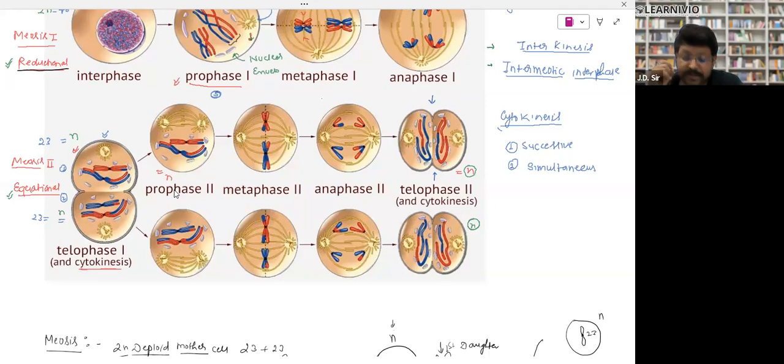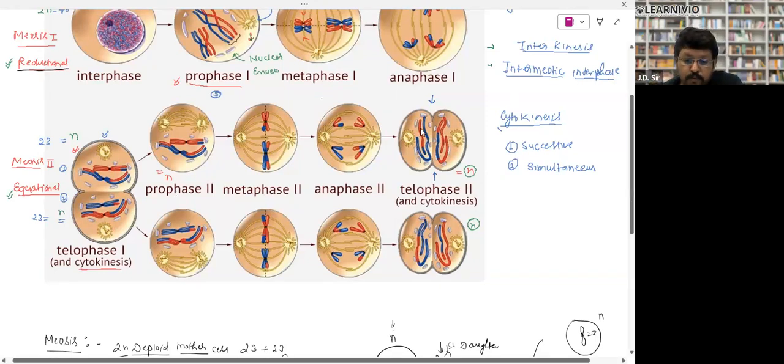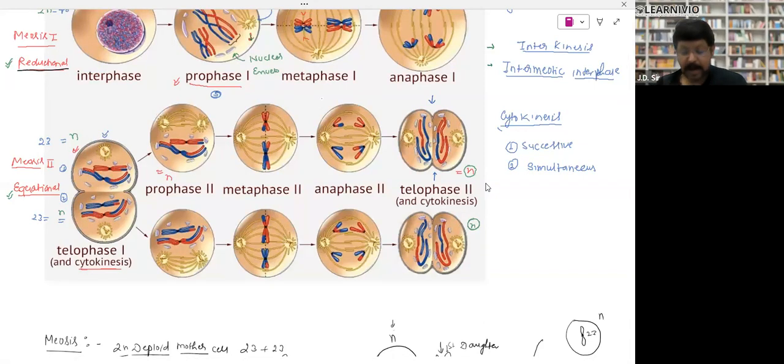Next is telophase second. The four groups of chromosomes, here there are four groups, 1, 2, 3, 4, right? So the four groups of chromosomes arrange themselves into haploid nuclei.